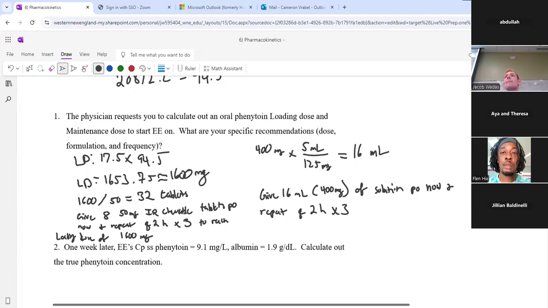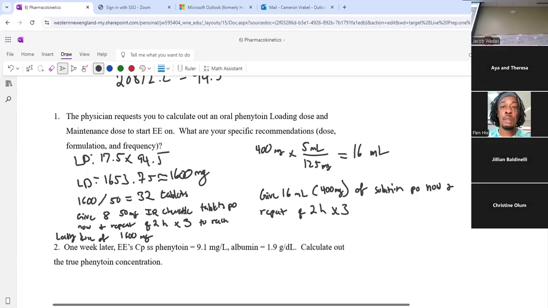Question. Once we do the loading dose, we find the dosage in milligrams, and then we have to also do it in milliliters. So these are two separate things, right? This one right here is the oral suspension.